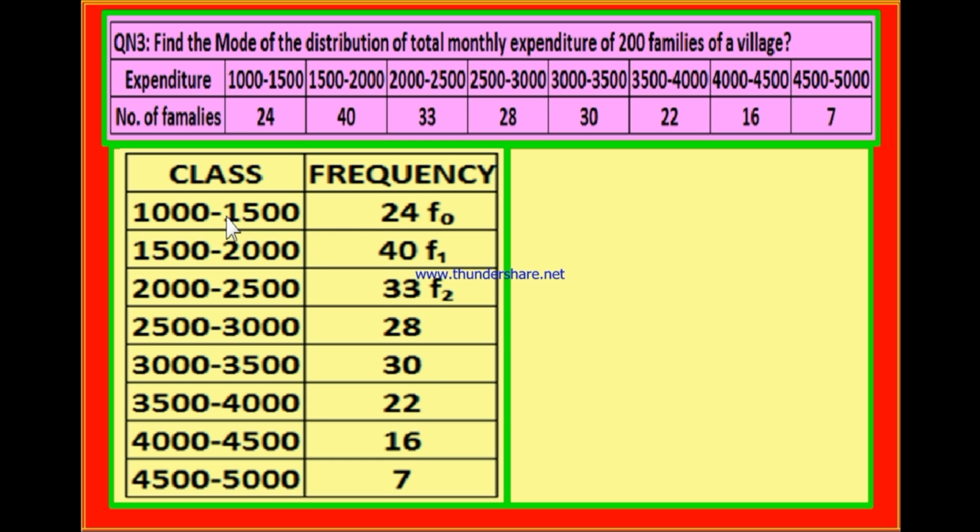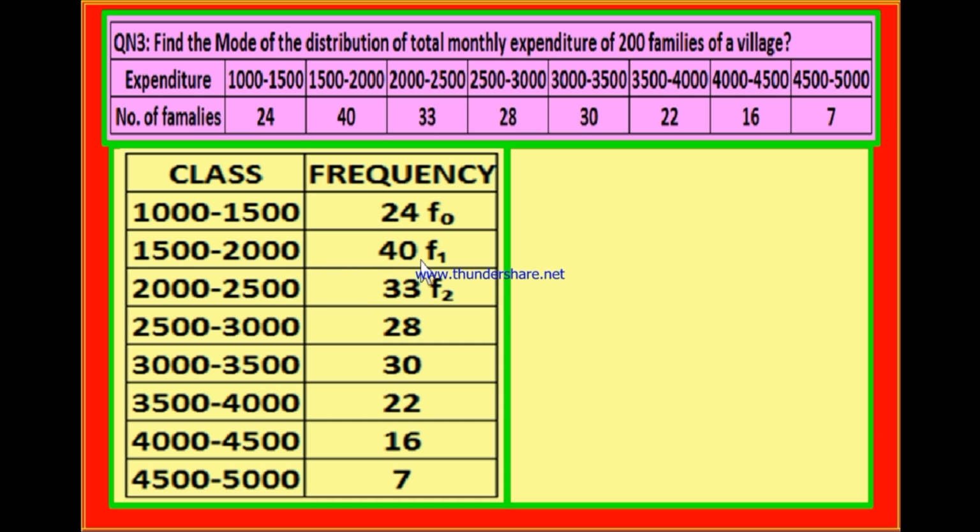Now the class in which the highest frequency lies is called model class. You see, this 1500 to 2000 is called model class. Understood? The class in which the highest frequency lies is called model class. Therefore 1500 to 2000 is model class.